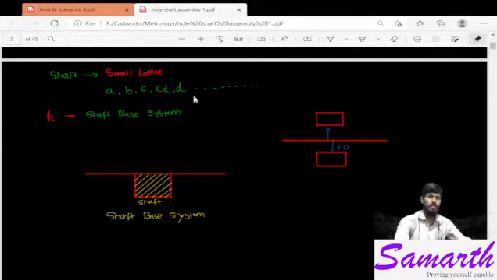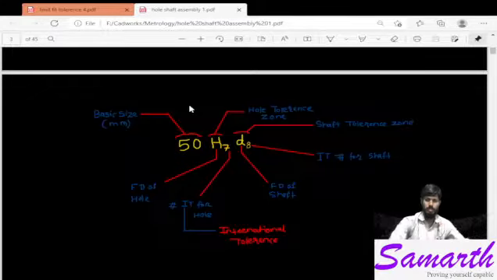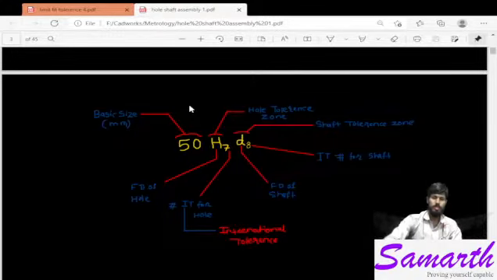Small letters are used for the shaft designation or shaft base system, a, b, c, d in small letters. Similarly here also combinations of two letters like cd can be used. If a small letter is there, we should consider it a shaft base system, and if a capital letter is used, it is a hole base system.